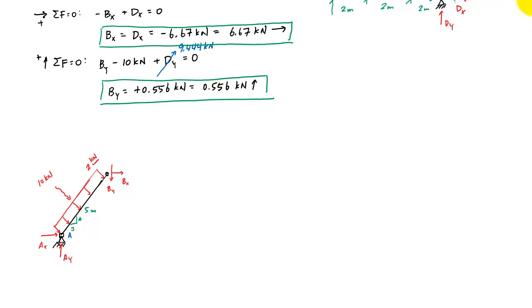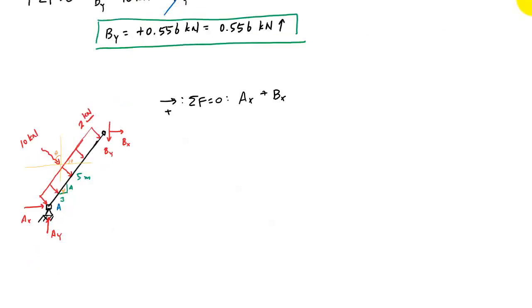because I know by and bx. And so here in the horizontal direction, I would have ax plus bx. And this I could break up into a horizontal and a vertical component like that. And here, ax plus bx plus 10 kilonewtons, this component right here is 10 kilonewtons sine theta, is equal to 0.